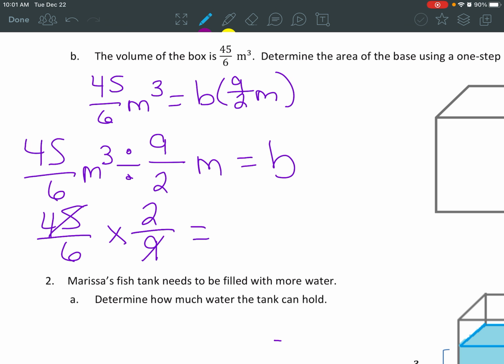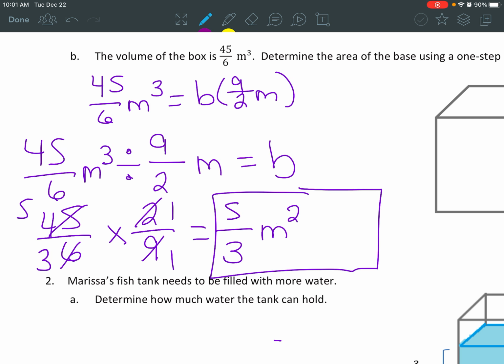Cross cancel. 45 becomes 5, 9 becomes 1, 6 becomes 3, and 2 becomes 1. 1 times 5 is 5. 3 times 1 is 3. And that's meters squared. So that is our area of base.